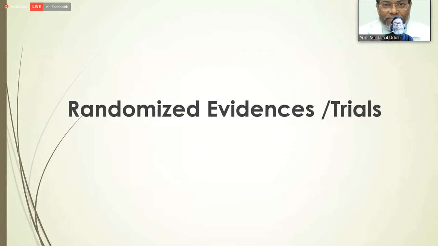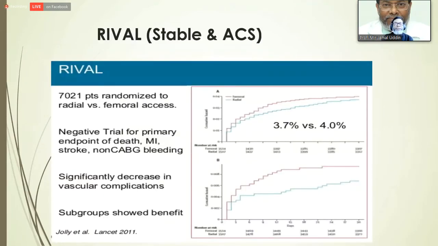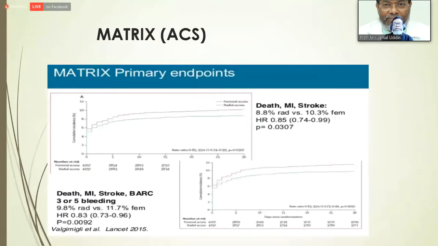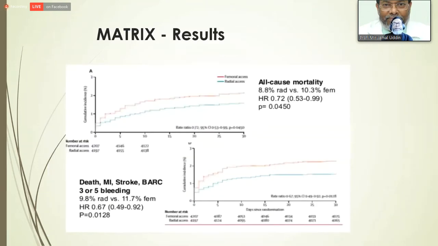And there are several studies. The RIVAL study included approximately 7,021 patients, and the results for death, MI, and stroke were all in favor of the transradial approach, but there was no significant difference with the femoral approach. The MATRIX trial also showed all-cause mortality and death, MI, stroke all in favor of the radial approach, but not significant.